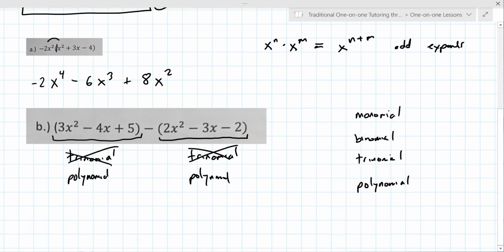So when there's 3, it's a polynomial and a trinomial. The trinomial is the more specific thing, whereas polynomial is overarching. It's correct, but it's not specific enough. I don't know why I can't think of a good analogy.